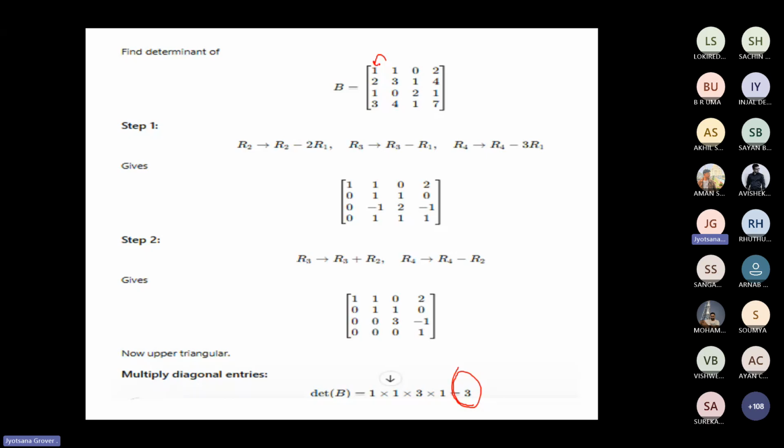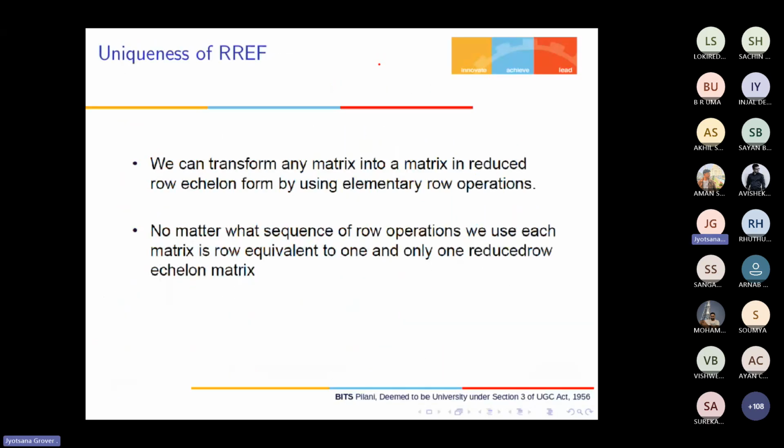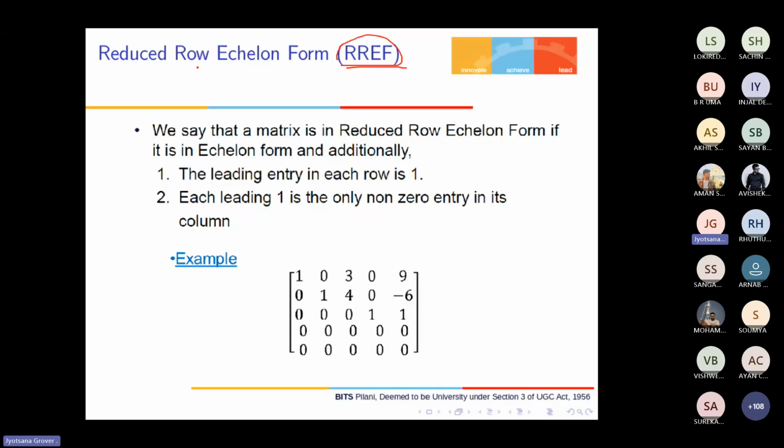Okay, let me go to this RREF, then I'll stop. Now we have seen this REF form. Now what is reduced row echelon form? Here the leading entry in each row should be 1, and each leading 1 is the only non-zero entry in its column. See this, this is RREF form because the leading entry of each row is 1.